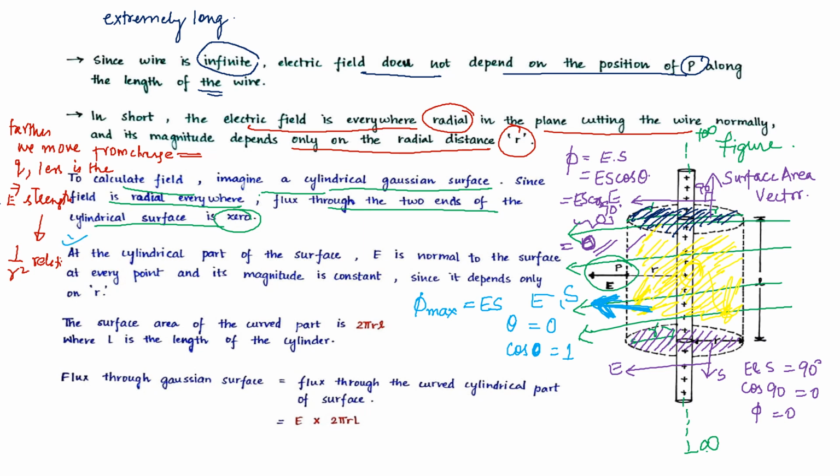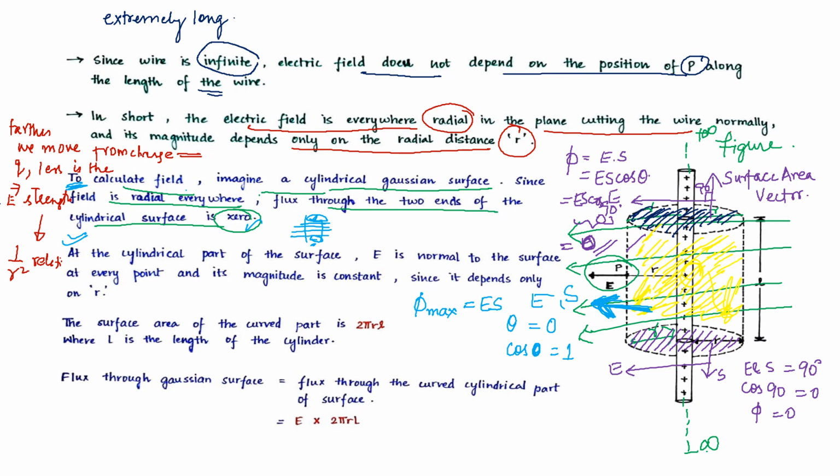Moving to the next point, I'll go with the first point here. See the blue lining. To calculate the field, imagine a cylindrical Gaussian surface. Since the field is radial everywhere, the flux through the two ends of the cylindrical surface is 0. This and this will give us 0 flux, and only this surface will give us maximum flux.